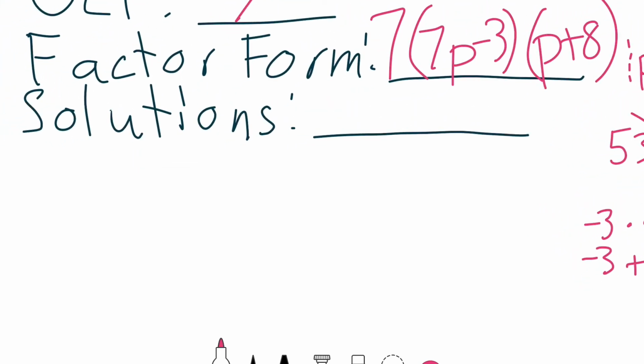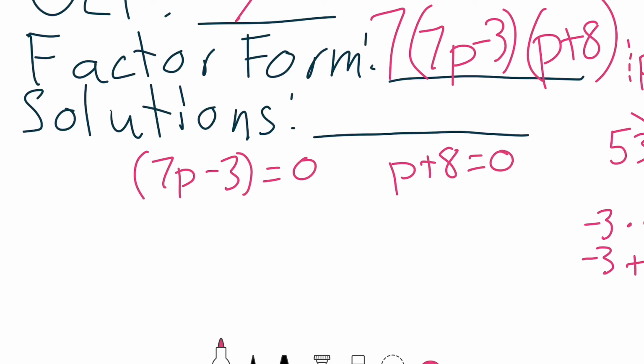So once we have our factored form, we have to find our solutions. I'm going to take one parentheses and do 7p minus 3 equals 0, and p plus 8 equals 0. So I'm solving for my variable, which is p in this case. So plus 3, 7p equals positive 3.